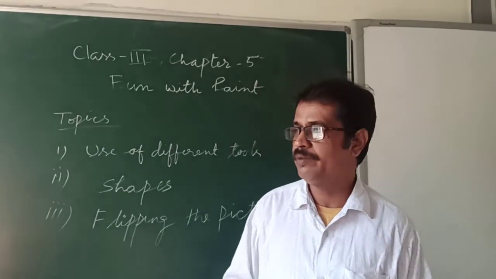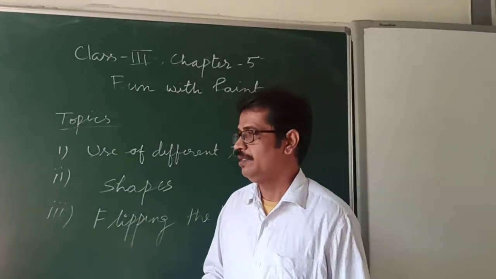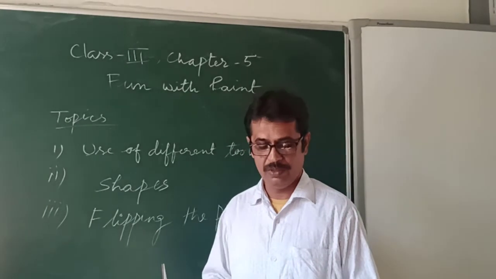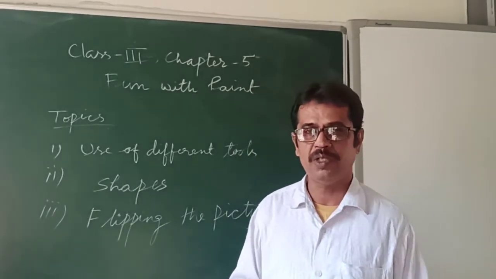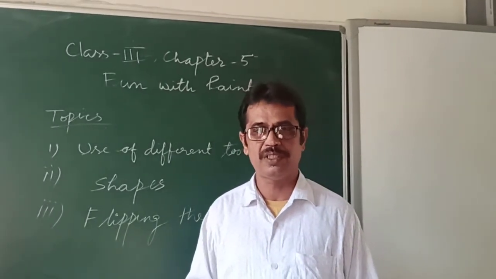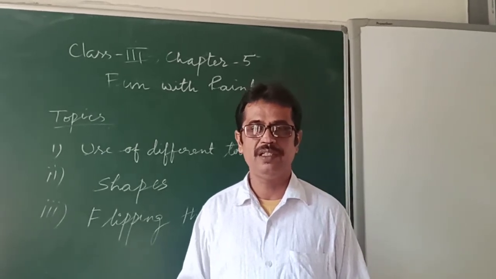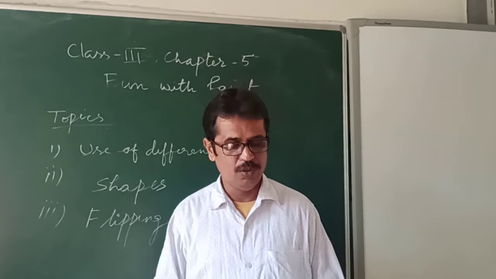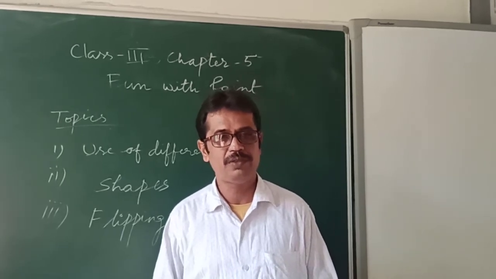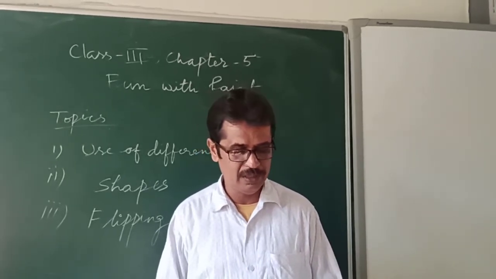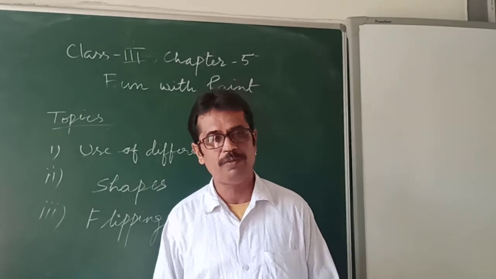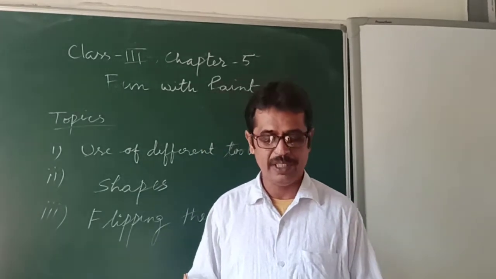So till now we have seen the uses of some different tools. The line tool is used to draw straight lines. The rectangle tool is used to draw rectangles and squares. The oval tool is used to draw circles and ovals. The polygon tool is used to draw polygons with any number of sides.